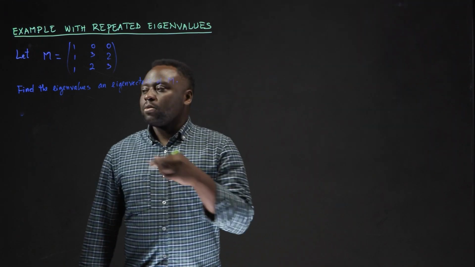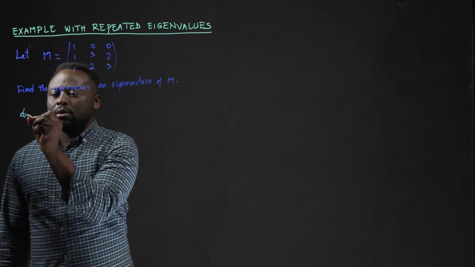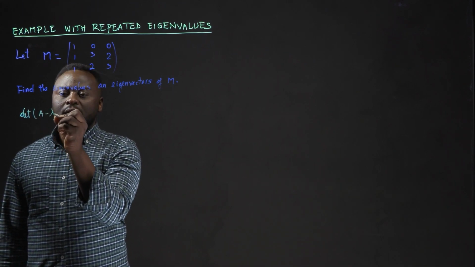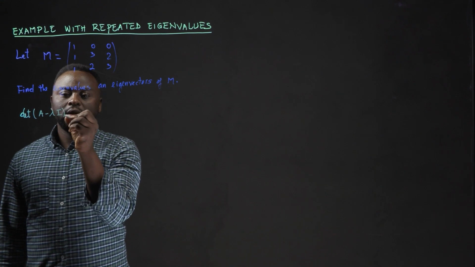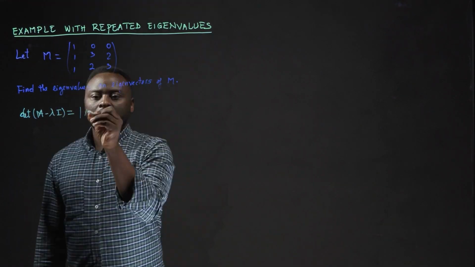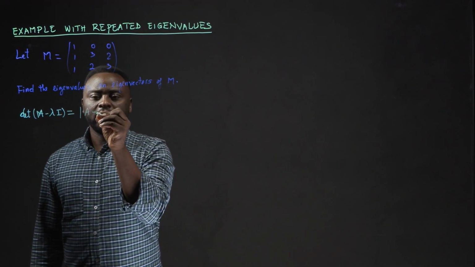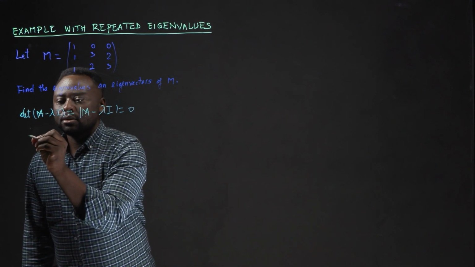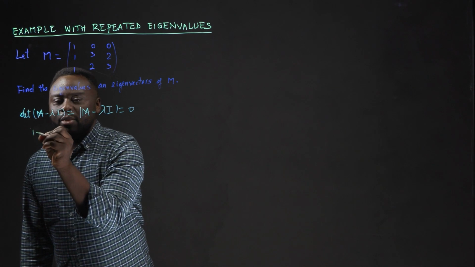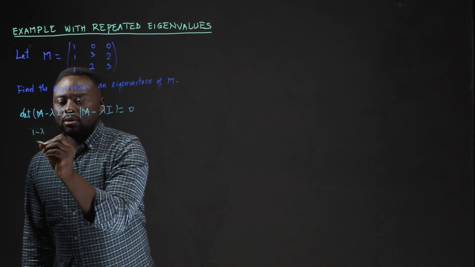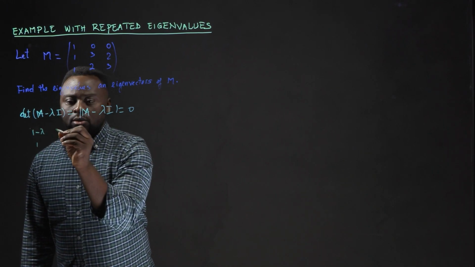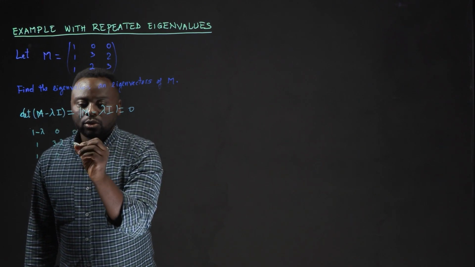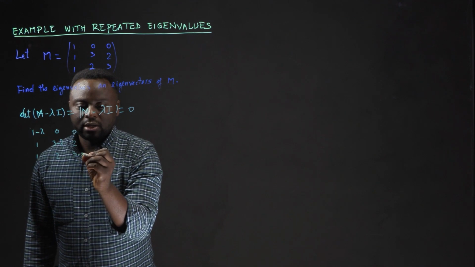By definition, the determinant of A minus lambda I is equal to 0. A minus lambda I is the matrix with rows 1 minus lambda, 1, 1; 0, 3 minus lambda, 2; 0, 2, 3 minus lambda.